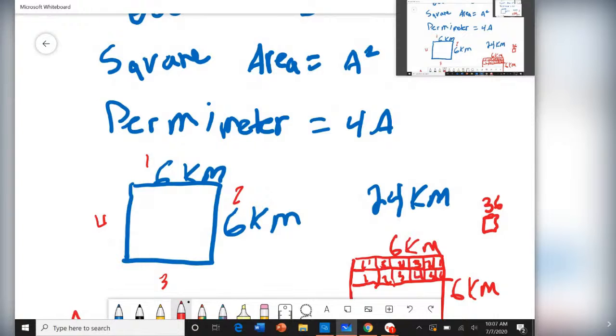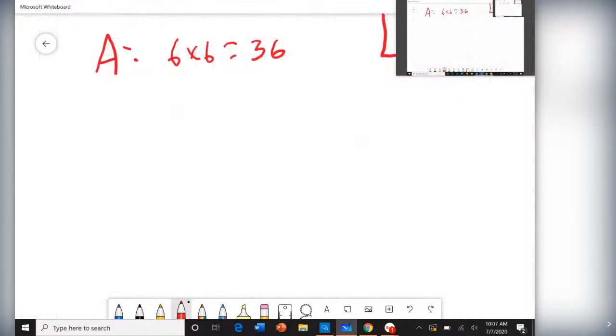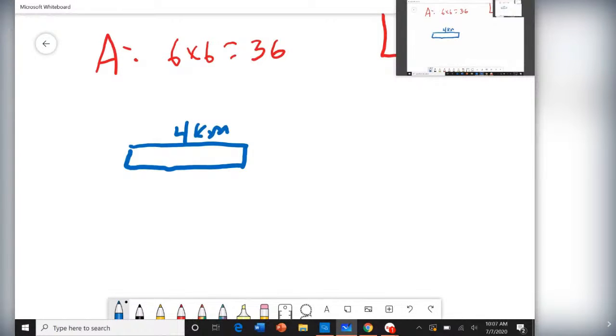Okay, I want to do a couple other examples here. You got one that said 4 km times 1 km, and that's all you got. And some of you are like, well, how can I find the perimeter if I only have two sides?